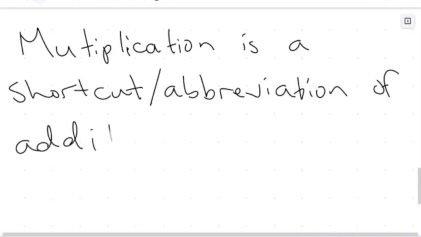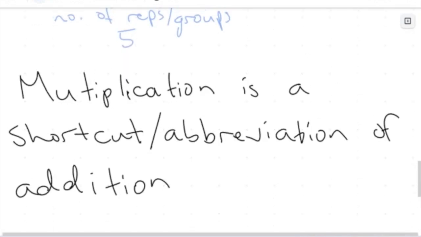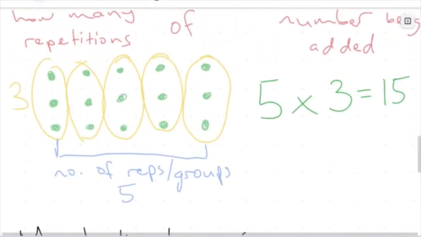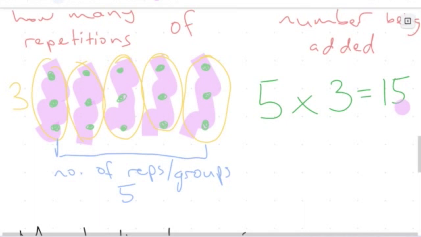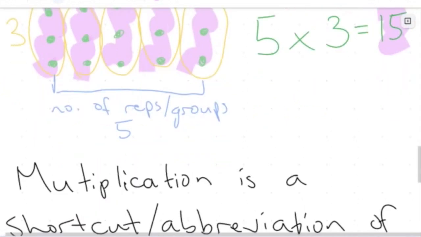Its roots are in addition. It just gives us a shorthand way to write adding, but more specifically, the addition of repeated numbers. So you can see I had a bunch of these 3s which repeated 5 times. That's how I got to my 15 in the end here.